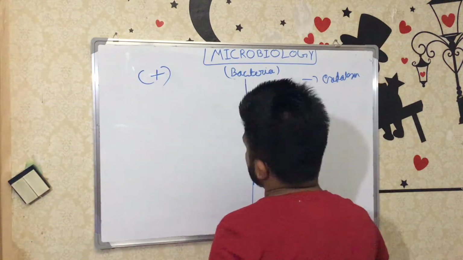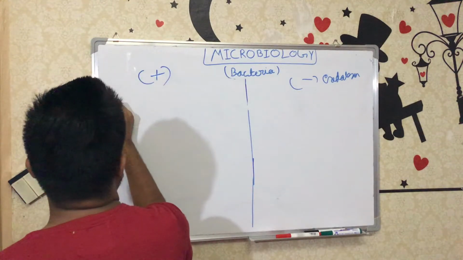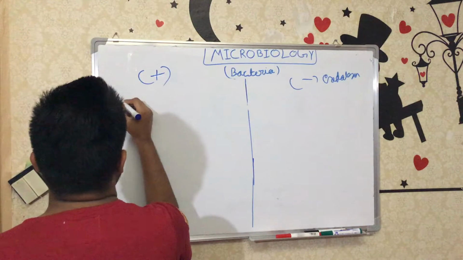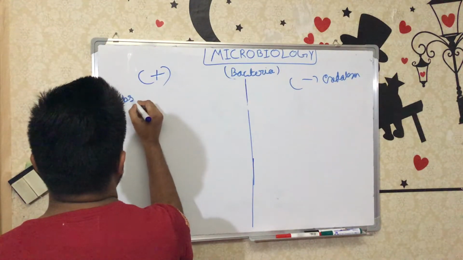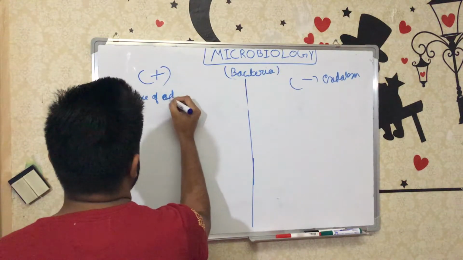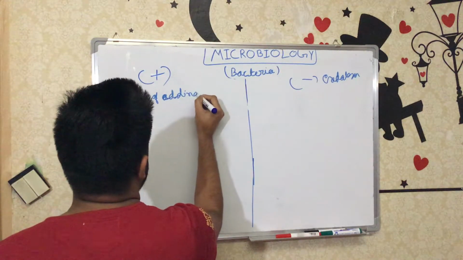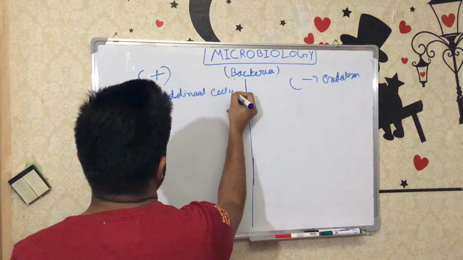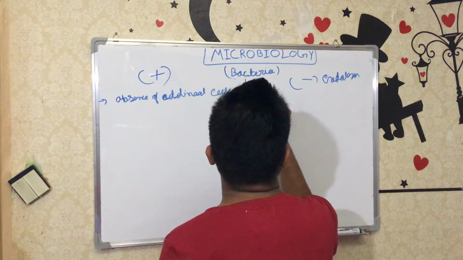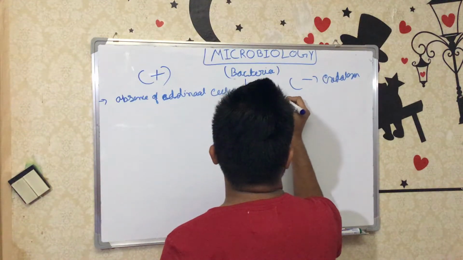So first, gram positive bacteria: absence of the additional cell wall. Then in gram negative, the extra cell wall.